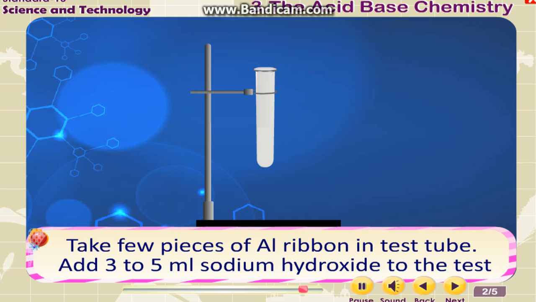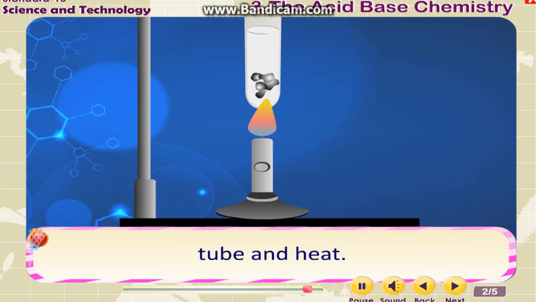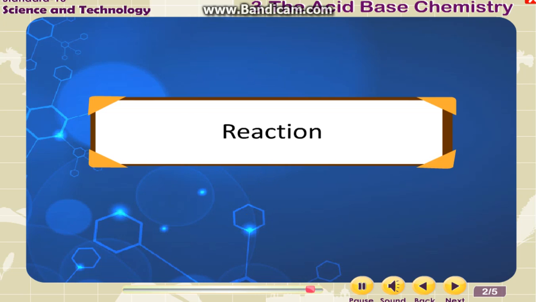Activity: take a few pieces of aluminium ribbon in test tube. Add 3 to 5 ml sodium hydroxide to the test tube and heat. Observe and repeat the process with Mg metal.